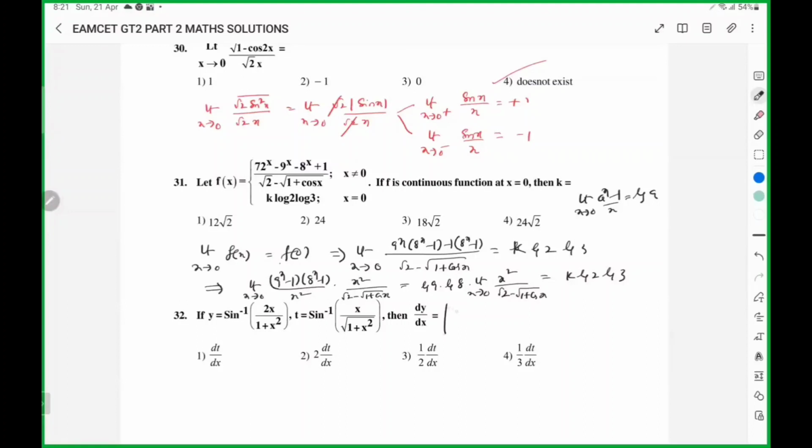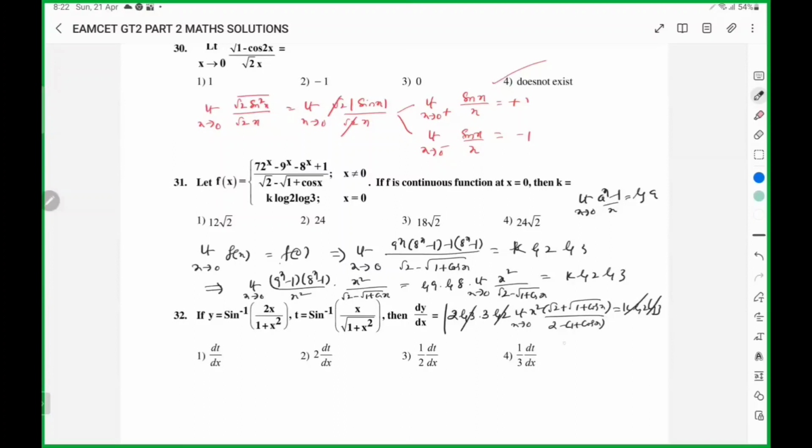So I can write log 9 as log 3 square, 2 log 3, and log 8 as log 2 cube, 3 log 2. Into, here rationalize it: limit as x tends to 0 of root 2 plus root of 1 plus cos x. After rationalization, we get k log 2 log 3. Log 2 gets cancelled, log 3 gets cancelled.